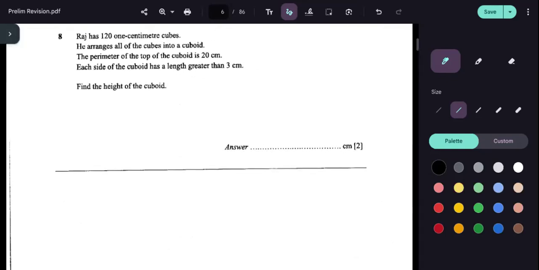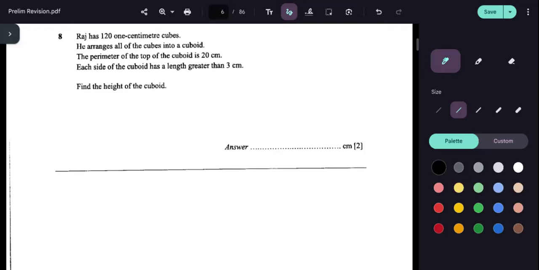Okay, a very interesting question over here. This question is very common in your O levels because it can be either in paper 1 or in paper 2.